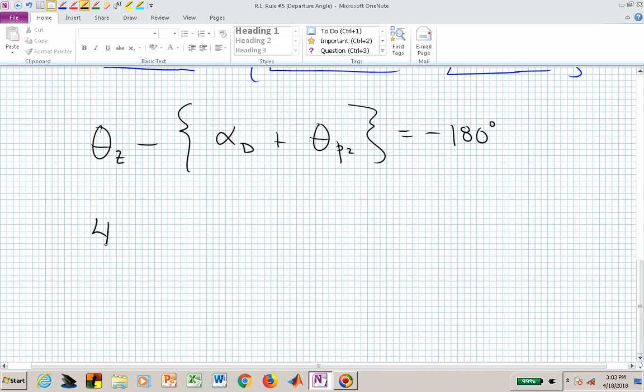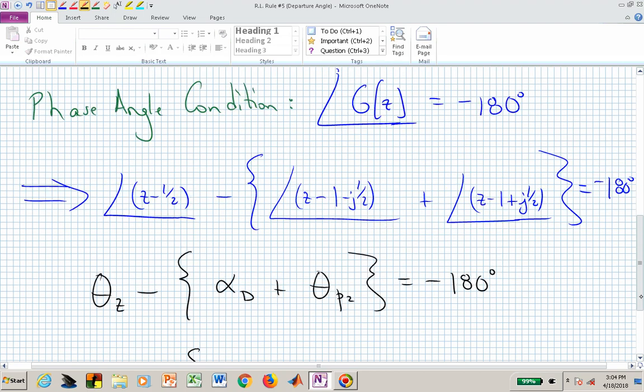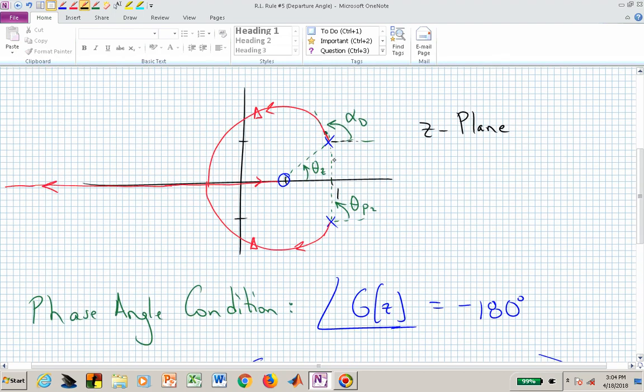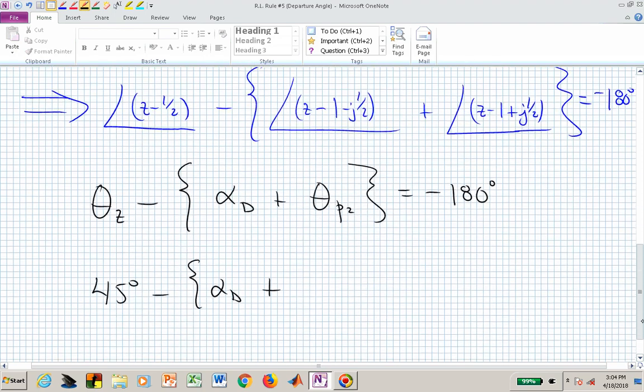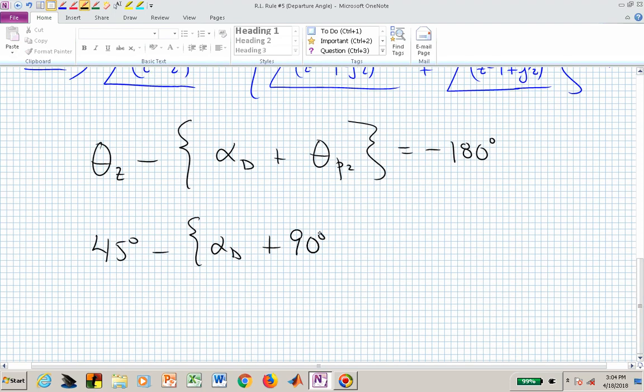We now have 45 degrees minus alpha sub d plus theta p sub 2. This angle, looking straight up to that pole, is 90 degrees. And those have to sum to minus 180.